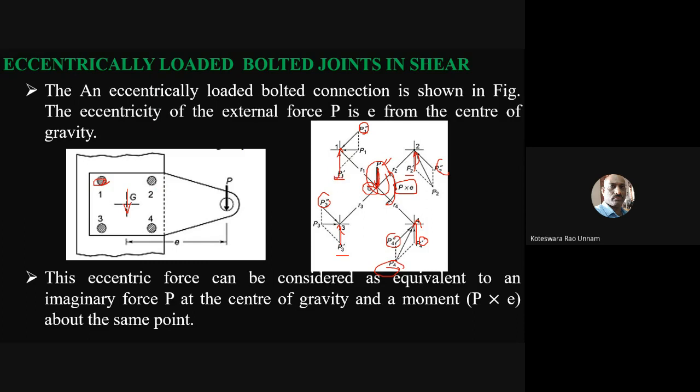Therefore the magnitudes of P1 dash, P2 dash, P3 dash, P4 dash are the same. That means P1 dash equals P2 dash equals P3 dash equals P4 dash and so on.